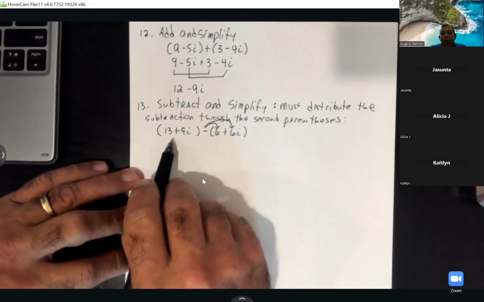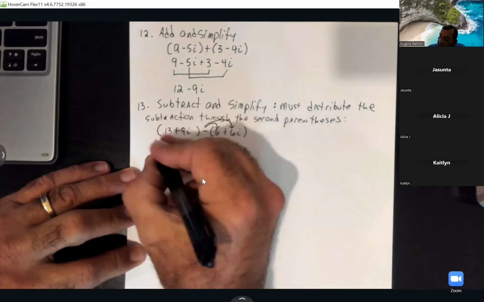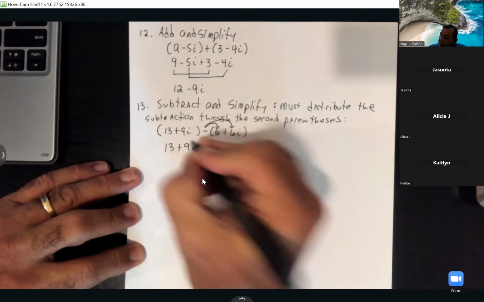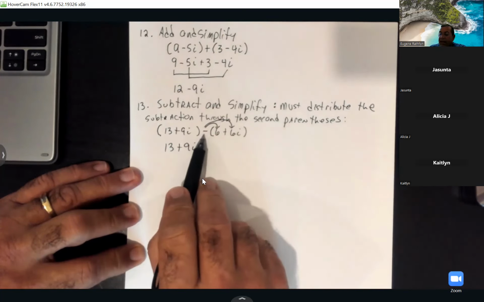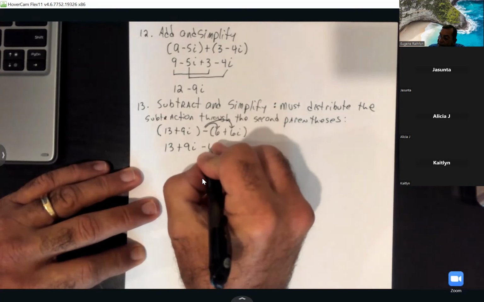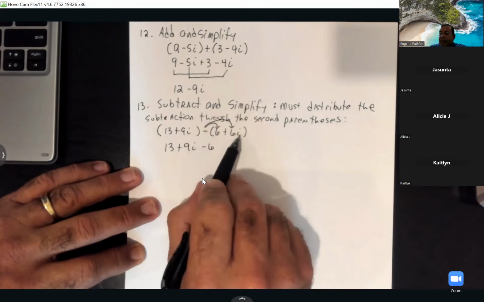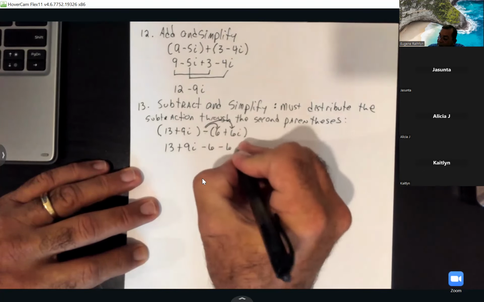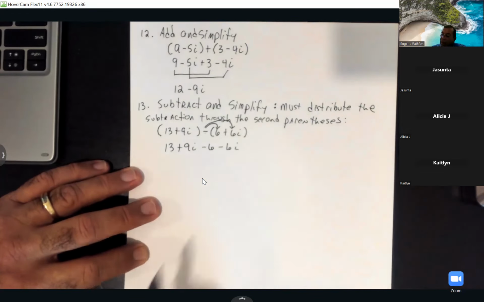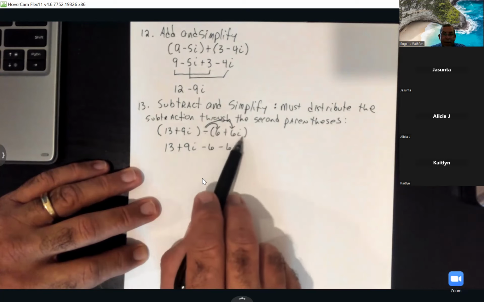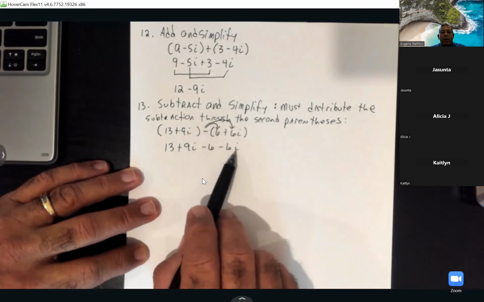So you would bring down the first parentheses, the 13 plus 9i. So then a negative times a +6 will make that a -6. And then that negative times that +6i will make that a -6i. So the subtraction changes the signs of everybody in the next parentheses when it comes out.